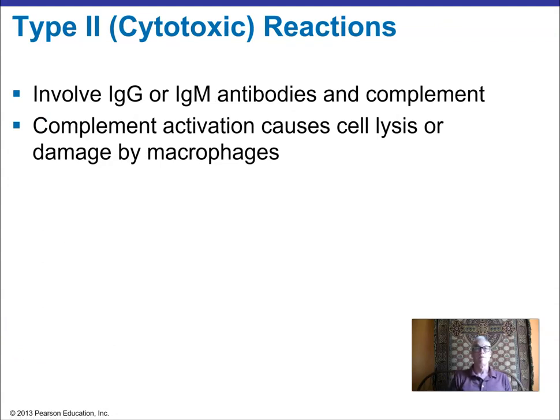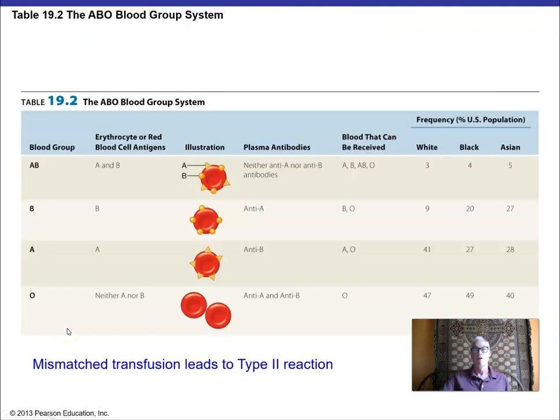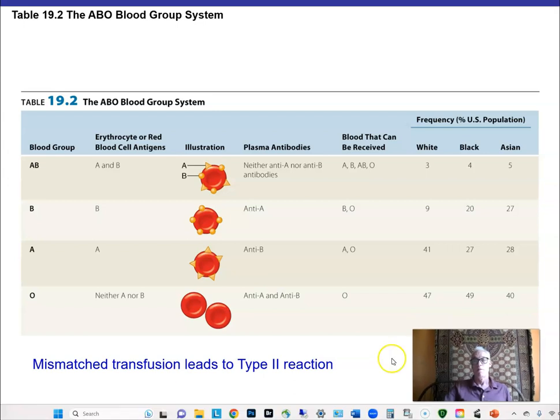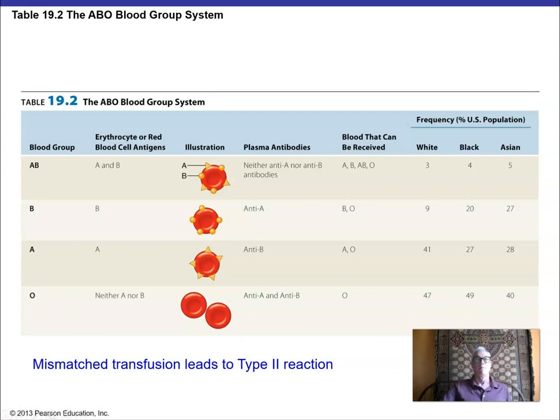Type 2 reactions. Those involve complement activation and cell lysis by immunoglobulins. So let's take a look at the possible scenario here. What if you get a blood transfusion that's an inappropriate blood type? Let's say someone has type B blood, that's shown in the left-hand column. Blood types are blood groups.